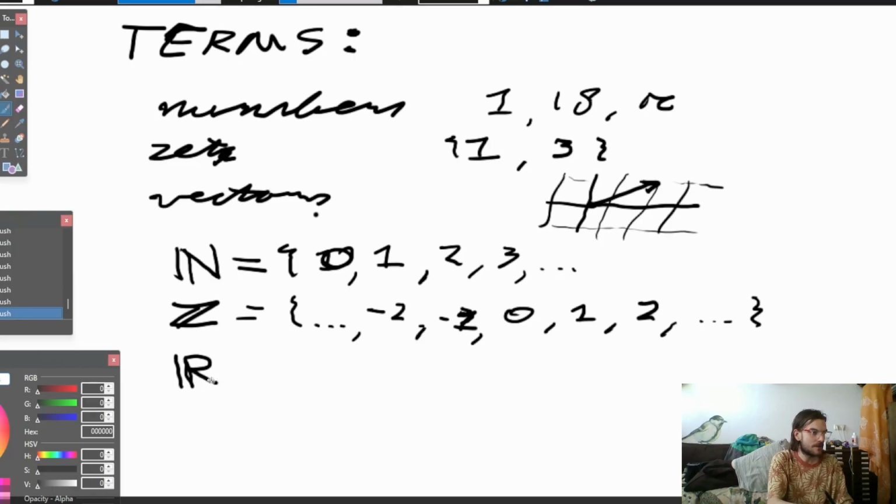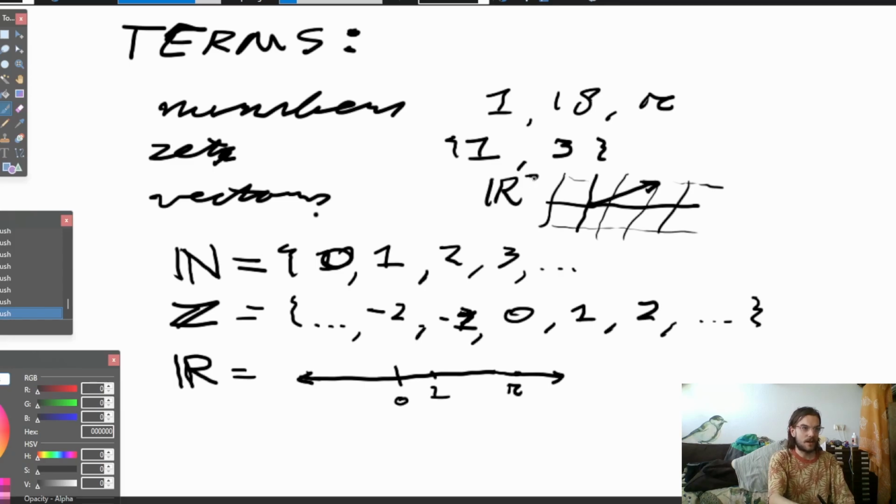The real numbers are just any number. So you can imagine them as the whole number line. 0 in the middle, and here is maybe 1, and then here is pi, and it goes on until infinity. These are all terms, and of course the two-dimensional plane we call R2.